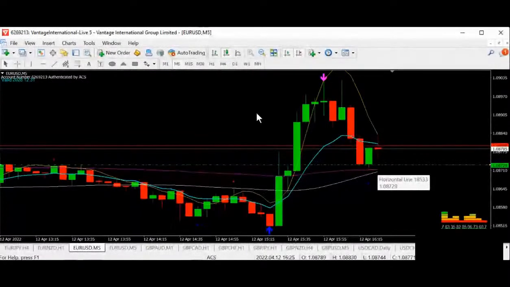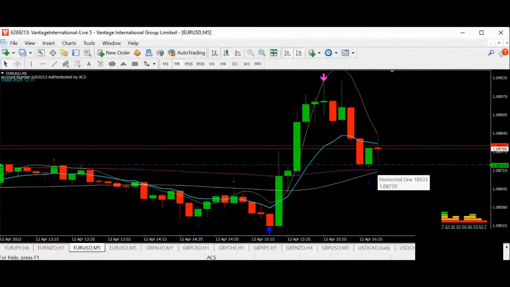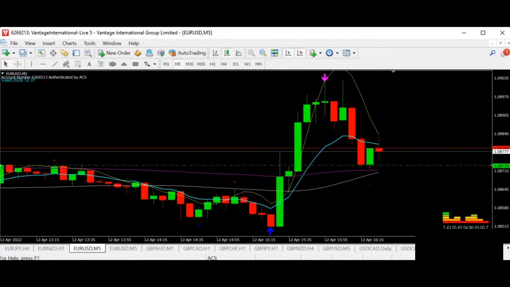When it goes nearer to the support area, that means a sign of selling, a sign of selling to test the support and to break the support.